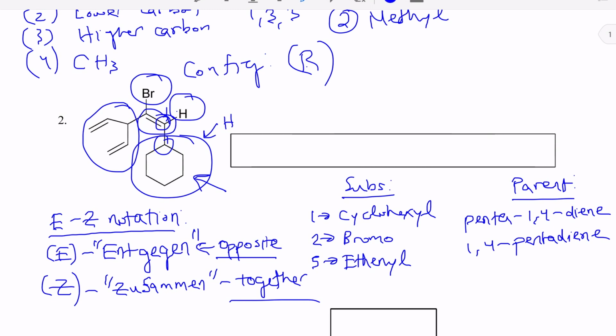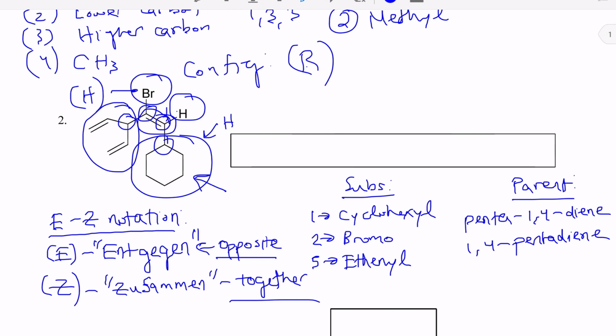According to CIP rules, it would be the bromine, right? Because the bromine atom has a higher atomic weight than a carbon atom, which is the first atom that is attached to the left end of the double bond for this branched diene.